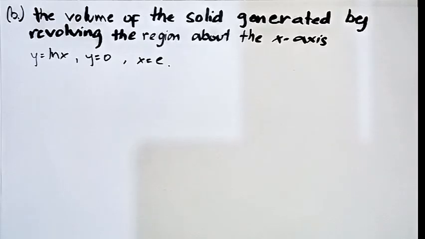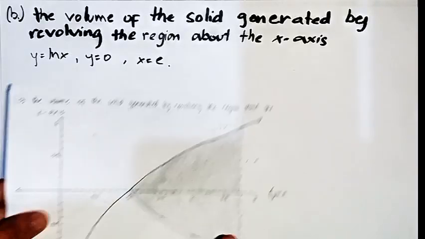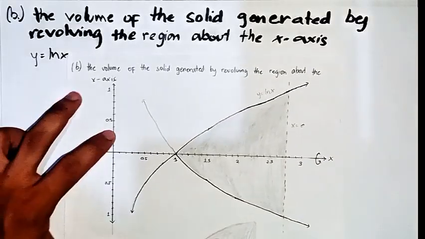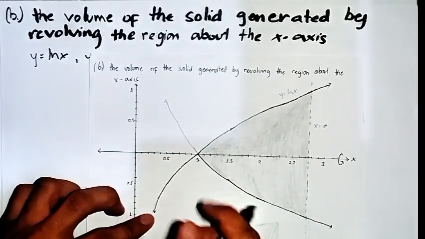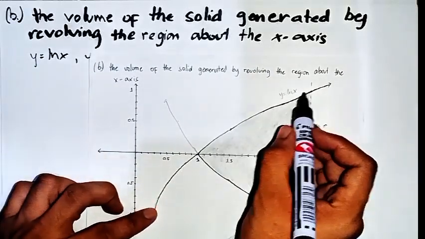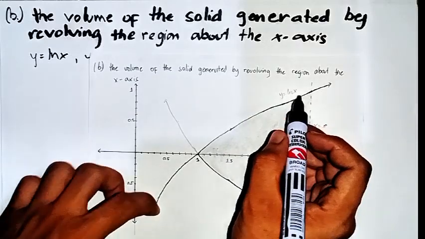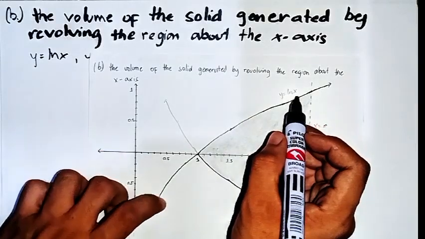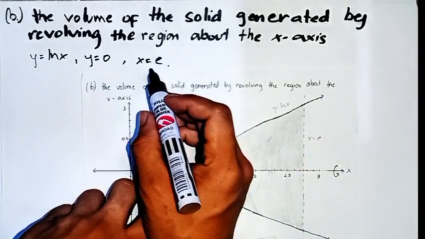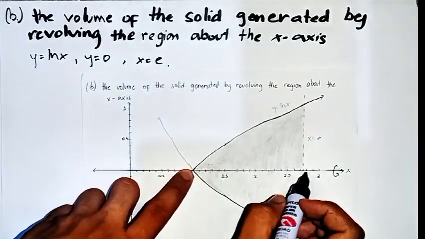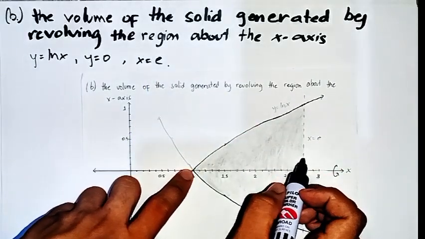So I have here an illustration of our function y is equal to ln x. As you can observe, this is our y is equal to ln x, right? And it intersects the x-axis at 1, and x is equal to e. This is our given. e is approximately equal to 2.7.